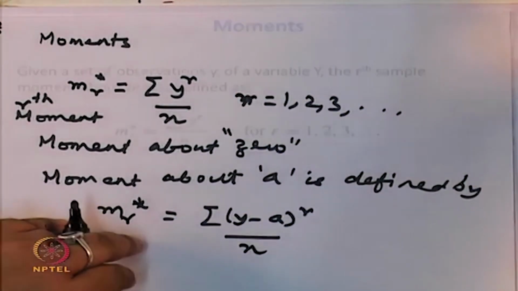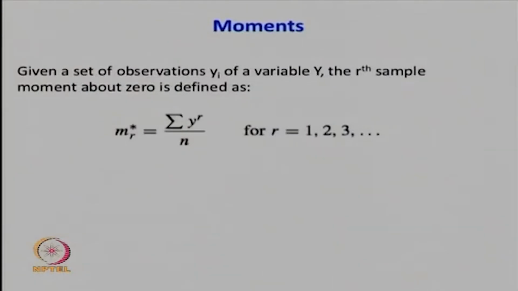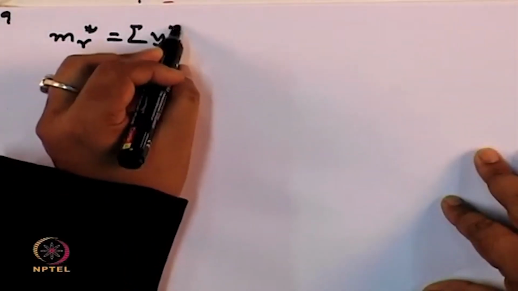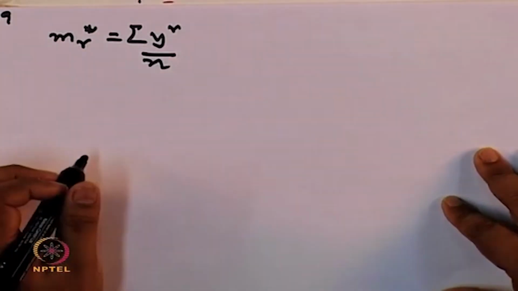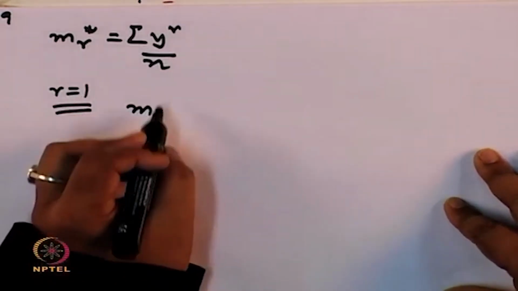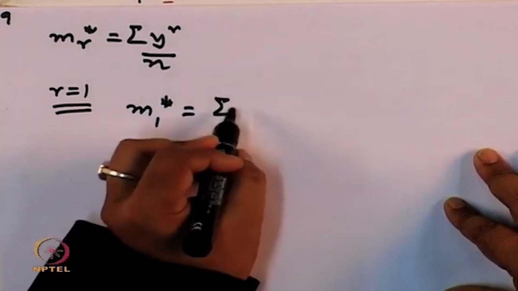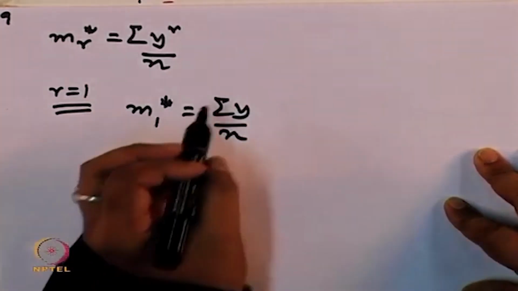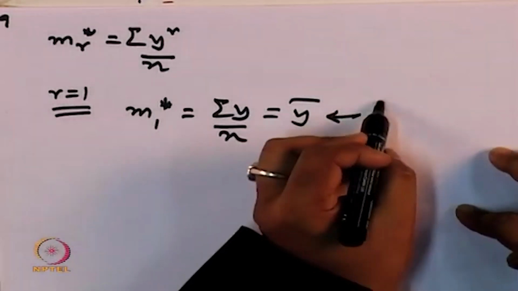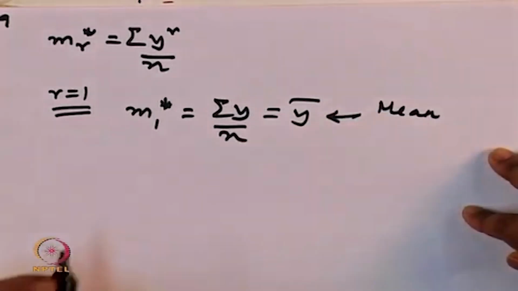So, now let us see what the moments convey. You have the moment about 0, mr star, defined by summation y r by n. It is obvious that if I put r equal to 1, then m1 star is equal to summation y by n, which is nothing but y bar, right. So, the first moment about 0 is your mean.